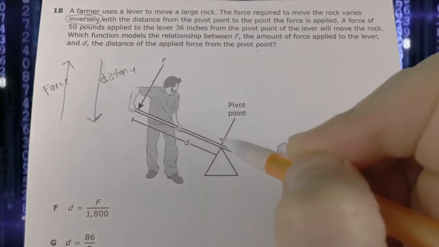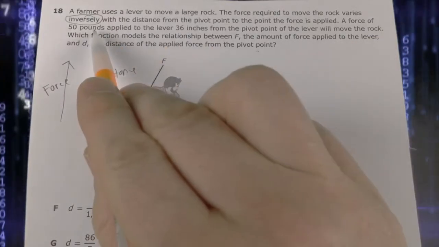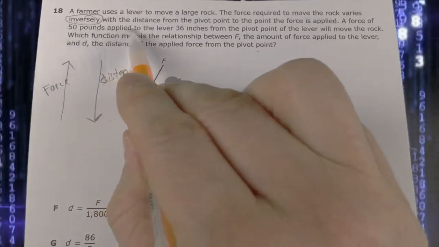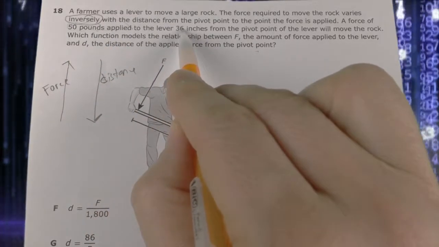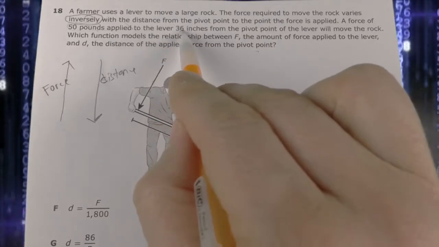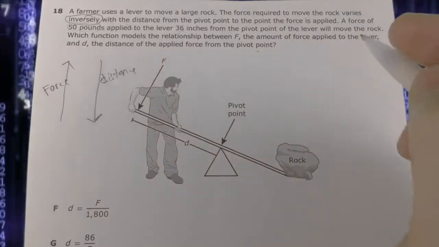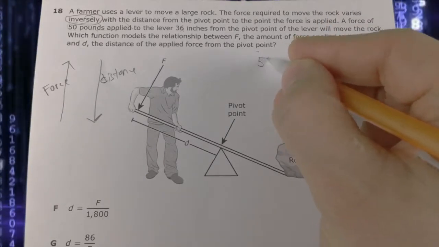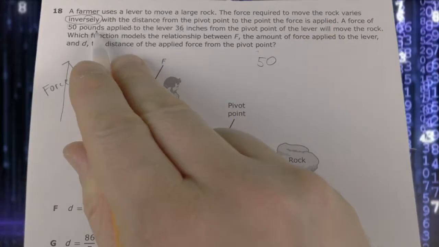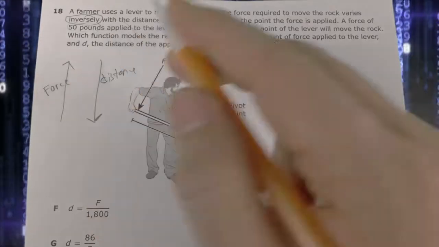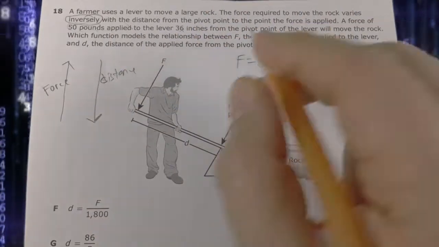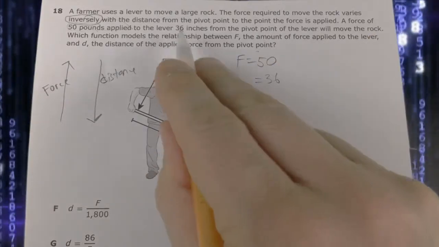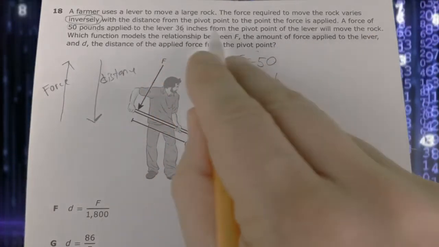Now we have two numbers here. We have a force number, 50 pounds, and we have the lever, 36. Before we do anything else, the 50 pounds is our F, and the 36 is our D for distance.